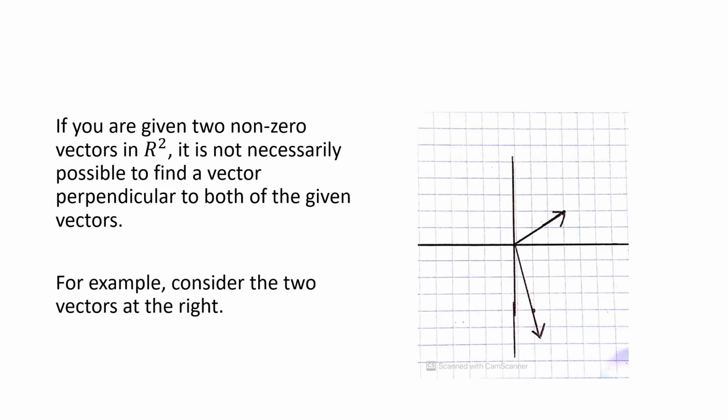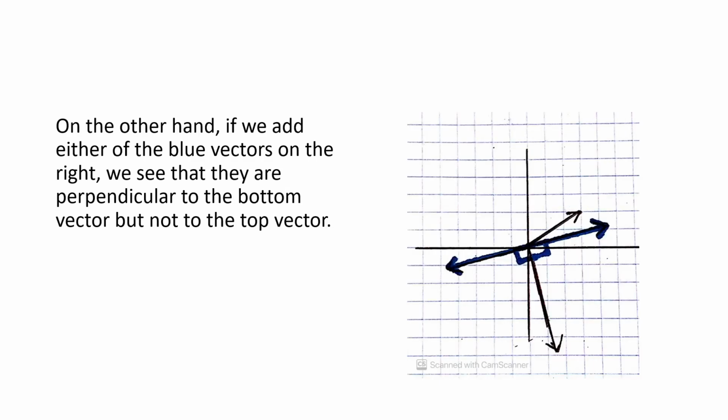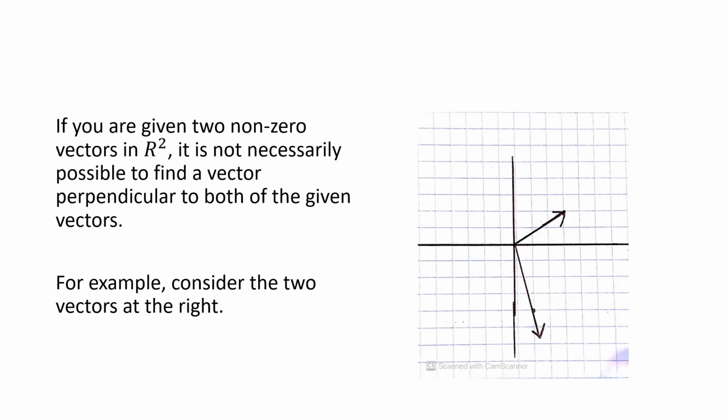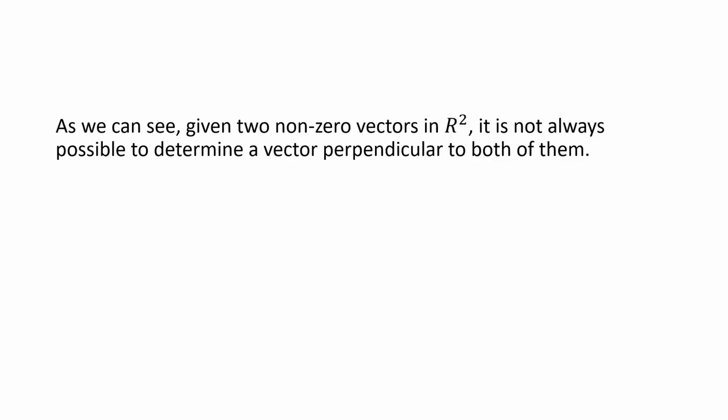For instance, in the example shown on the right, if we determine a vector perpendicular to one of them, it won't be perpendicular to the other, and vice versa. There's no one vector perpendicular to both of the given vectors there, because we only have two dimensions to work with. So as we can see, given two non-zero vectors in R2, it's not always possible to determine a vector perpendicular to both of them.